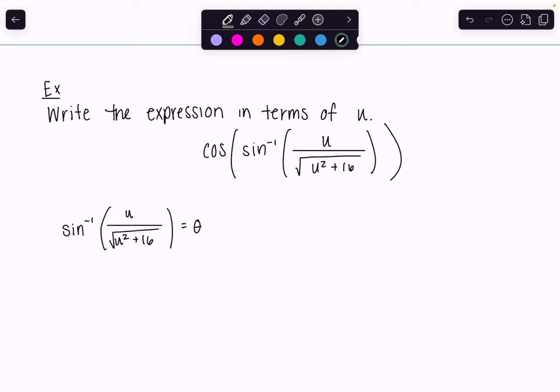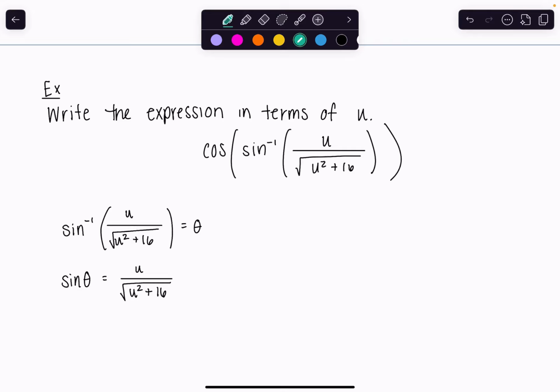That angle is in quadrant 1 or in quadrant 4. Again, we're going to assume everything works out nicely. We just want to write this in terms of u. This is the same thing as saying sine of theta is u over the square root of u squared plus 16.